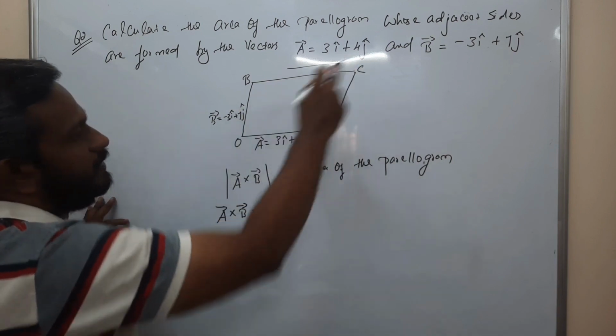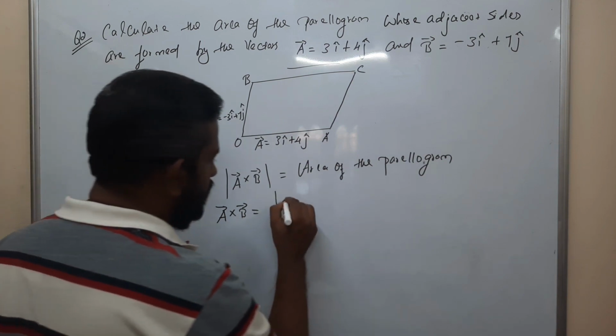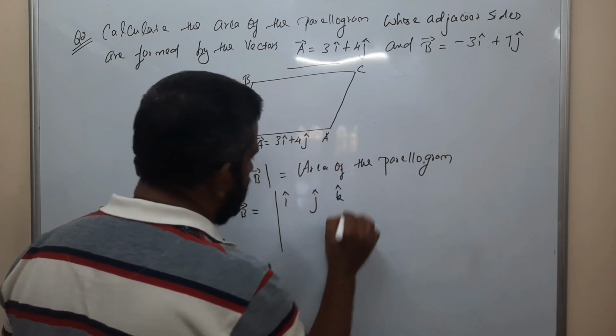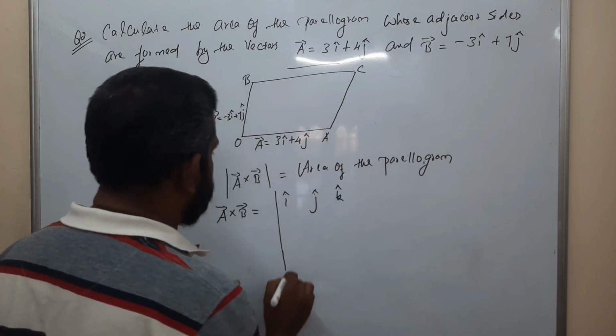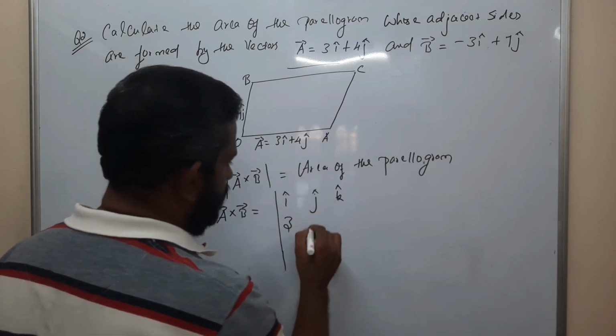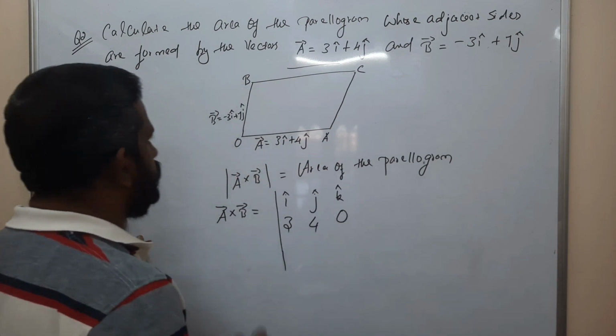So the vectors are given in the rectangular component form, that is determinant I cap, J cap, K cap. Coefficient of I 3, 4, coefficient of K, that is 0.